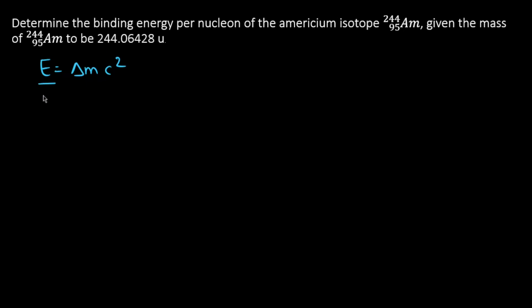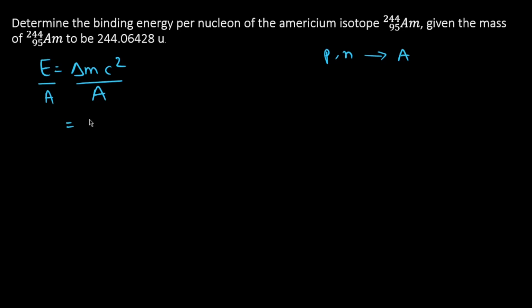That is, per nucleon, in a nucleus there are protons and neutrons, so collectively they are called nucleons. So total nucleons is nothing but our atomic mass. So we need to calculate the binding energy per nucleon, that is E by A. So here also delta M into c square by A.